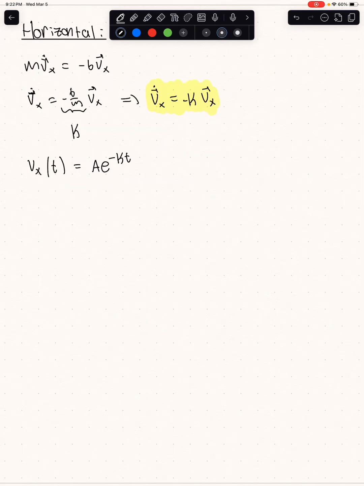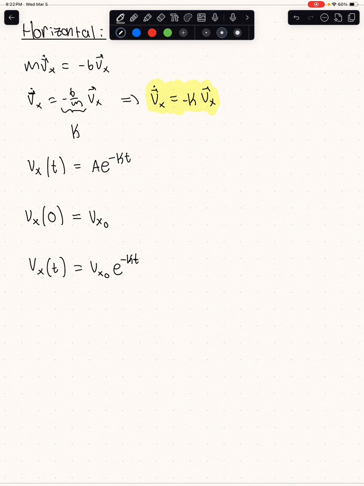To determine what a is going to be, we need an initial condition, and that is going to be when t equals 0. That's going to be our initial velocity, vx naught. So plugging that in, we have vx of t is equal to vx naught times e to the negative kt.